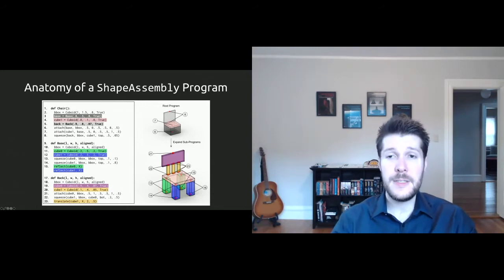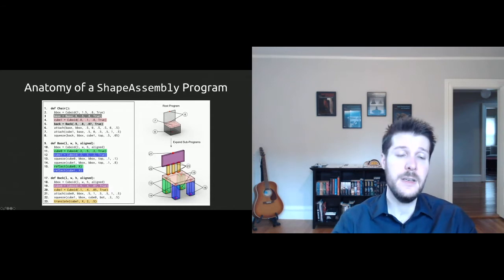But what's cool about this is that some of these boxes can be stand-ins for subroutines. In this case, this dark gray box is a stand-in for a subroutine called base. And we can look at how that's defined, and it expands into another subprogram which defines these four legs. If you look at how those are defined, we define these two front legs and two back legs.